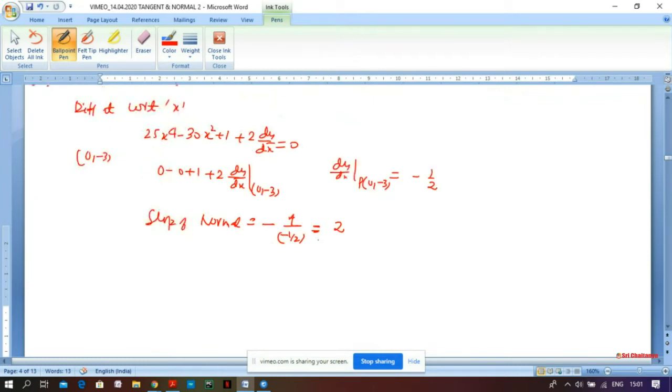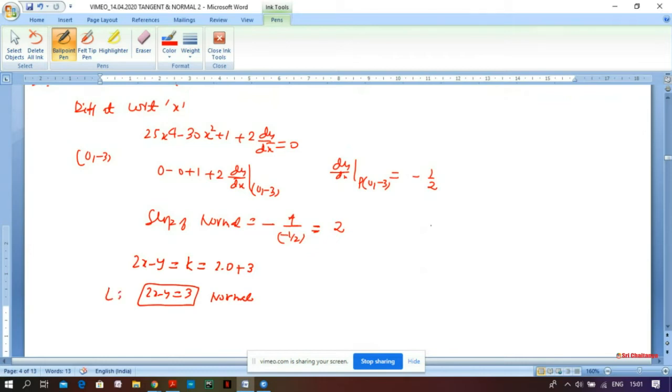And the equation of normal can be 2x minus y is some constant and passes through (0, -3). So 2 times 0 minus (-3), that is plus 3. So you are getting 2x minus y equal to 3 as the equation of normal. It's still a line, call it L.